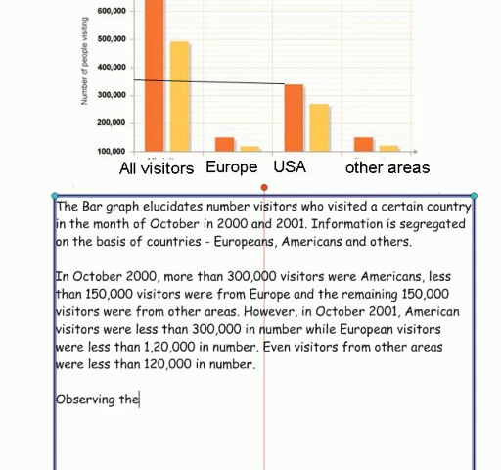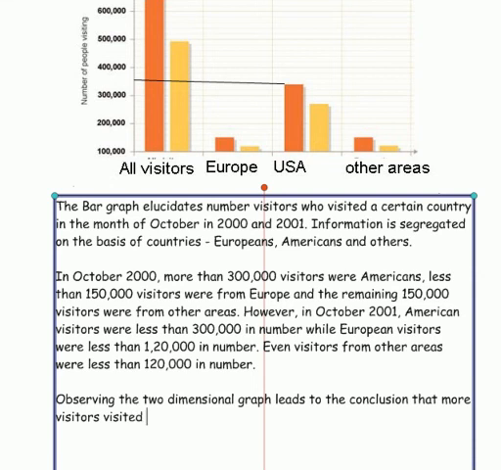So observing the two-dimensional graph leads to the conclusion that more visitors visited the particular country in October 2000 than in October 2001.